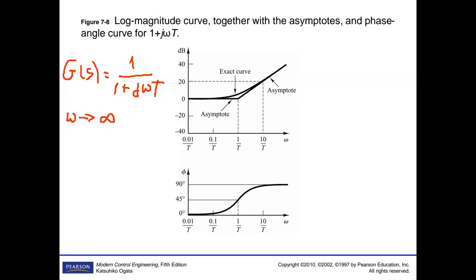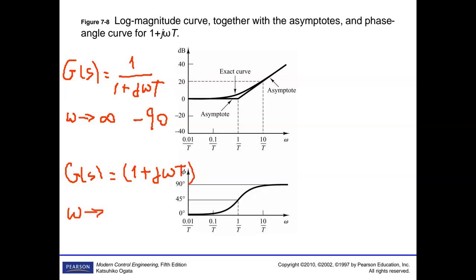Evet. Şimdi if omega goes to infinite, that one is minus 90. For G(s) equal 1 plus j omega t, omega goes to infinite, angle theta diyeyim hadi şöyle, eşittir plus 90.